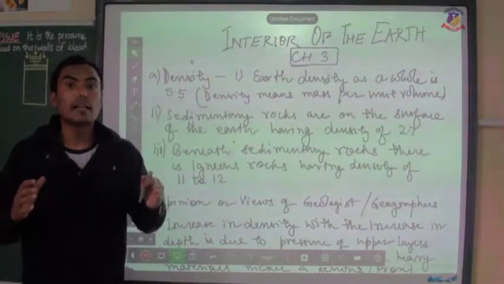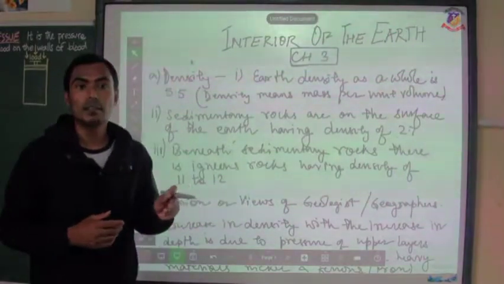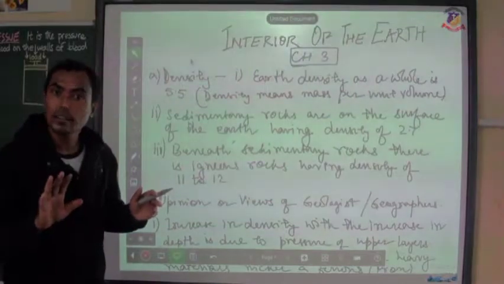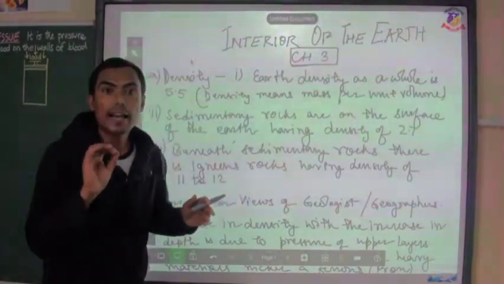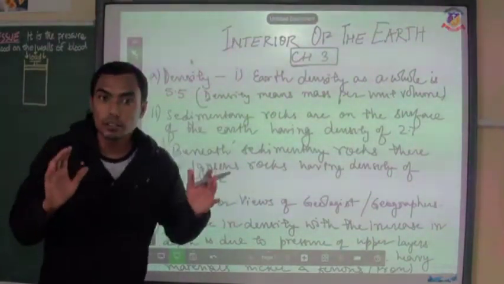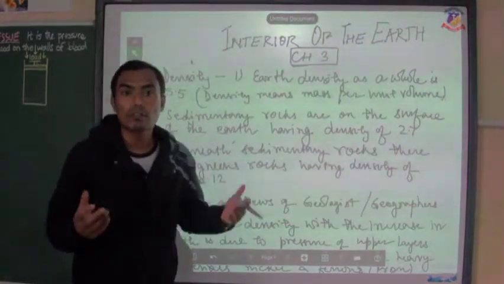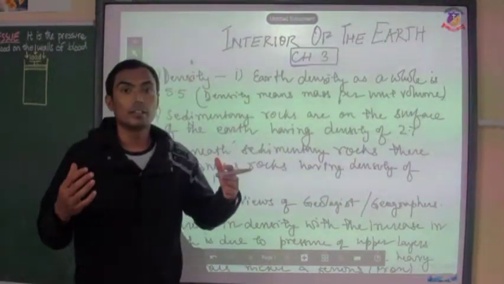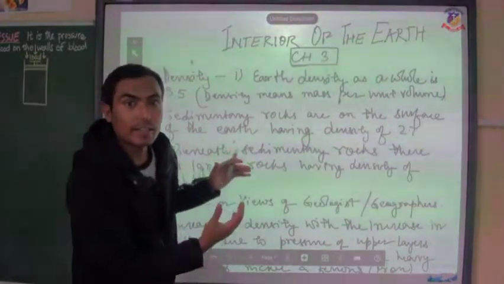So far no one has gone beneath the depth of 100 kilometers. So we do not have first hand, primary information about the earth's interior, but the geologists or geographers have given the assumption that the interior of the earth has these types of features or characteristics.